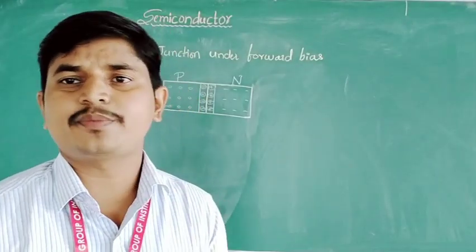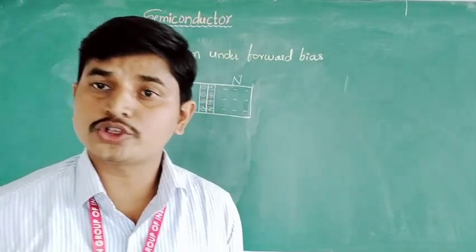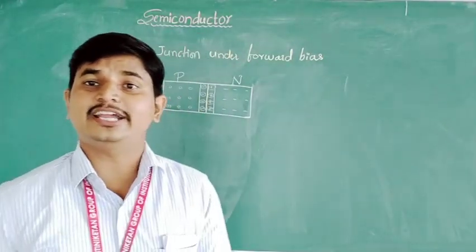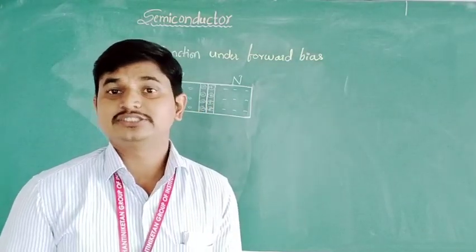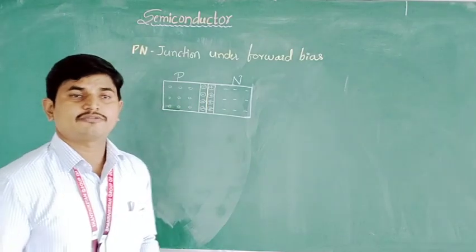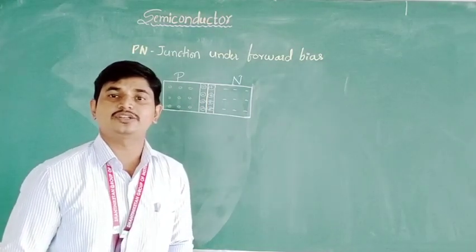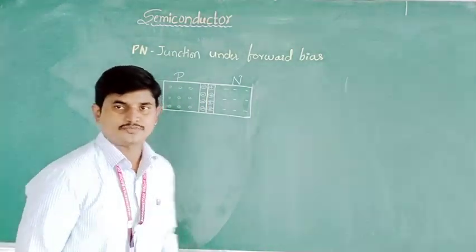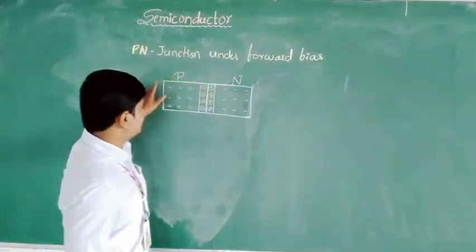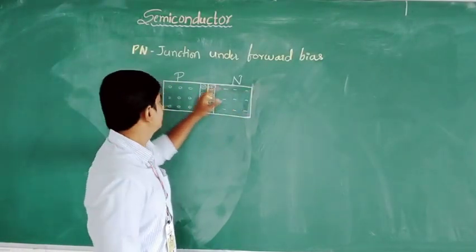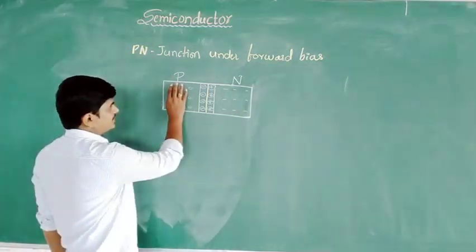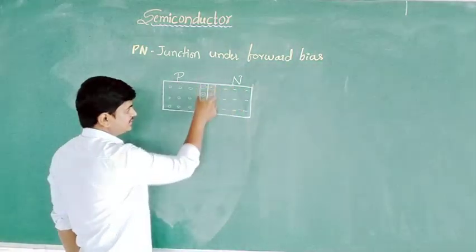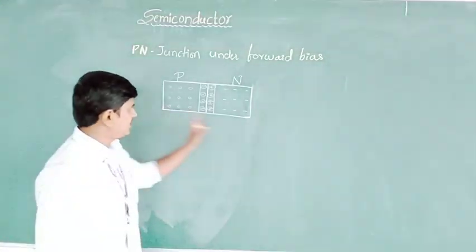If the P-type semiconductor is connected to the positive terminal of the battery, and the N-type semiconductor is connected to the negative terminal of the battery, that type of connection we call forward bias. So this is the P-type semiconductor, this is the N-type semiconductor, and this is the PN junction diode.